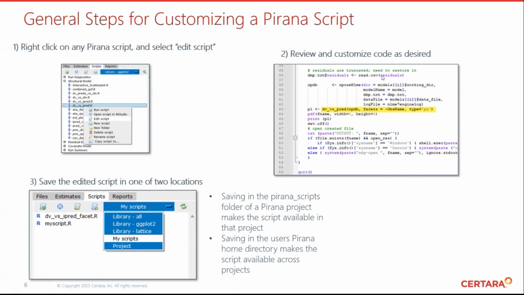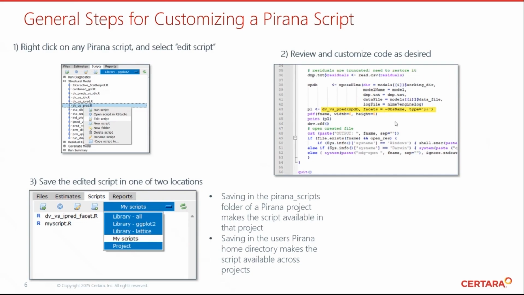Here I'm using Notepad++, and then you essentially can review the script and customize the code as you desire. What you find is the code customization often amounts to editing 1 or 2 lines. The scripts are large because of common preambles that handle bringing model run information into the R session to enable generation of the plots, but we'll cover some of that.